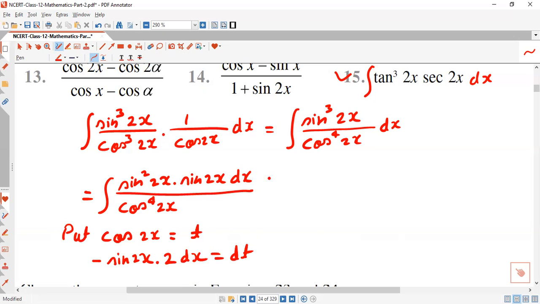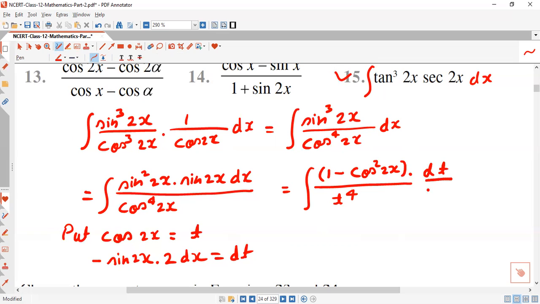This integration becomes, in the denominator, t raised to 4, and in the numerator, sine square 2x means 1 minus cos square 2x, which is 1 minus t square, and sine 2x dx equals dt upon minus 2.